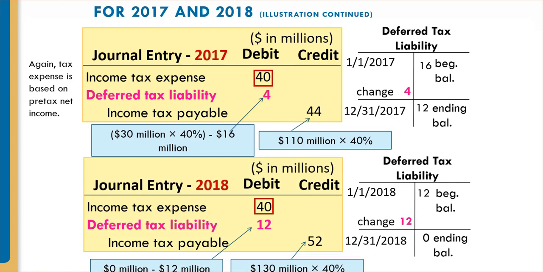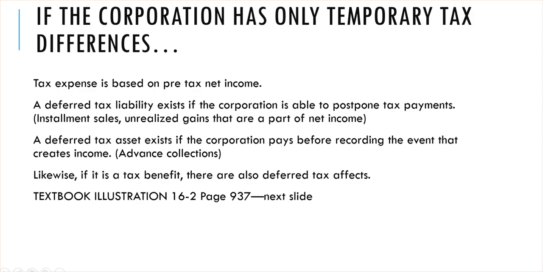I know you're tempted to say net income is 100, and so let me take 100 times 40% and get 40. The problem you get into in using that approach is when you have permanent differences, that approach is not going to work. So far, we have only had temporary differences, those differences which reverse.